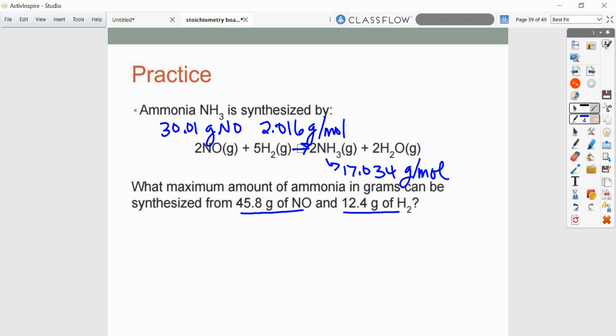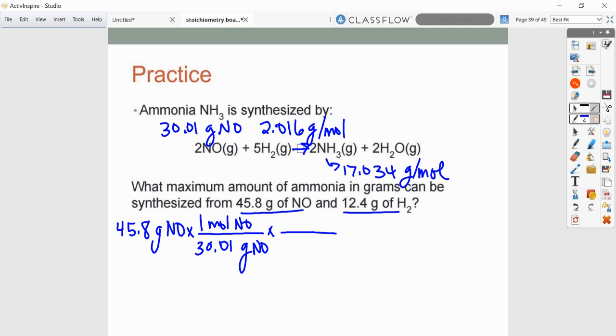Okay, so if we're going all the way from mass to mass, then what we can do is say, all right, well, we start with 45.8 grams of NO. We're going to convert that into moles. So 1 mole of NO, 30.01 grams. Use our mole ratios. So 2 moles of NO will be 2 moles of NH3.